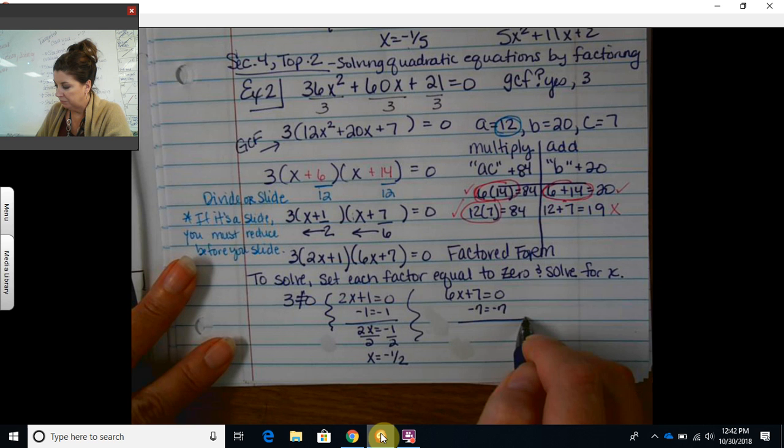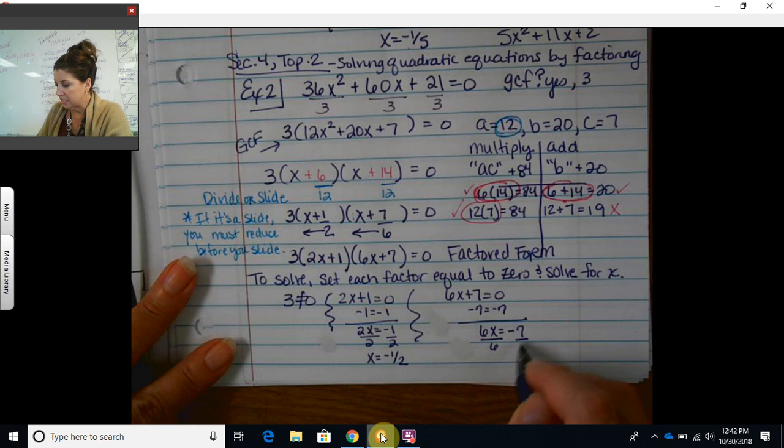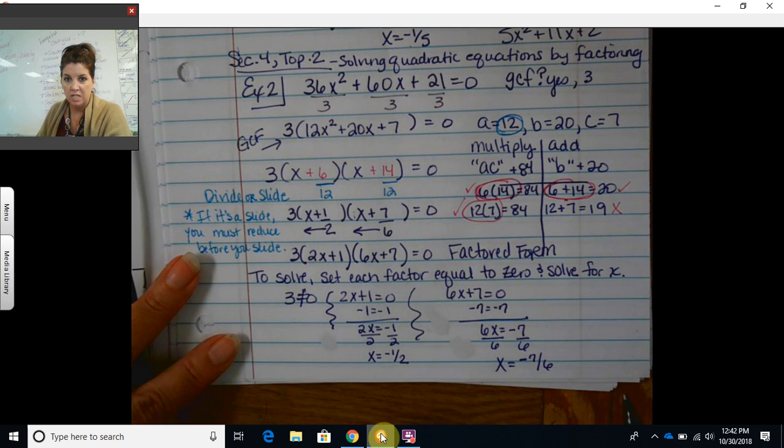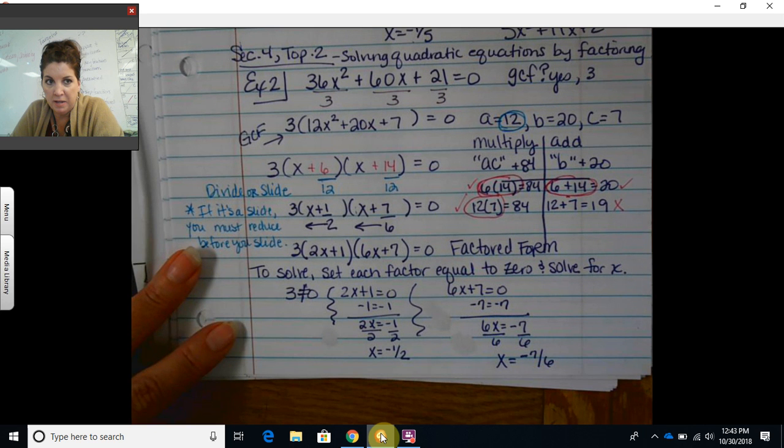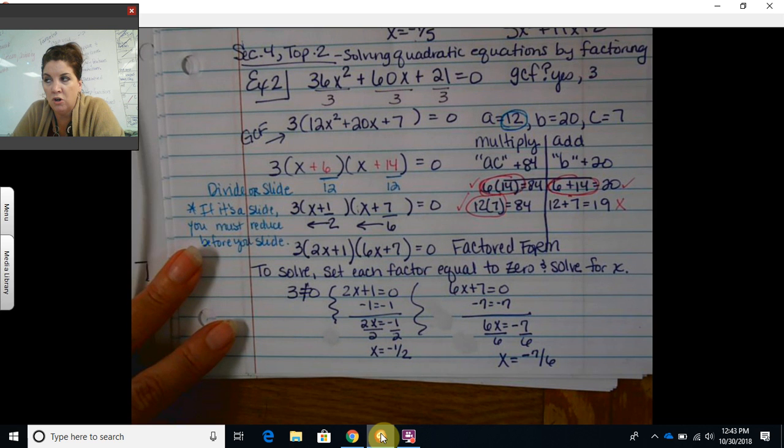So if 6x equals negative 7, divide each term by 6, and x equals negative 7/6. So these two solutions, when we get to graphing quadratics, you know that's going to make a parabola, right? Those two solutions tell us where the graph will cross the x-axis. That's what it's telling us.